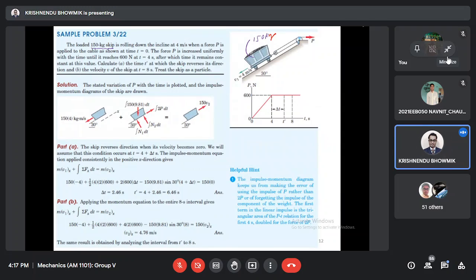Okay, 150 kg, and that is rolling down. So rolling down, that means there is acceleration, with the velocity 4 meter per second, when force P is applied to the cable as shown in the figure. So I should write this way: at t equal to 0, V equal to 4 meter per second. That is the better way to write.